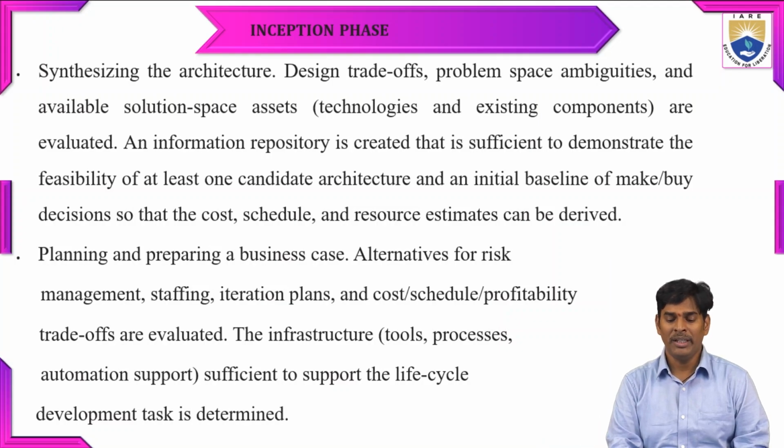Here, after taking all the possibilities of the requirements and the architecture, they need to have the different types of business cases. It means they need to define how this problem can be resolved. Okay, so alternatives for risk management. They need to check what the alternative for the problem is and how this risk can be handled very effectively.